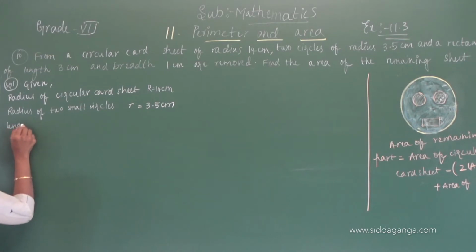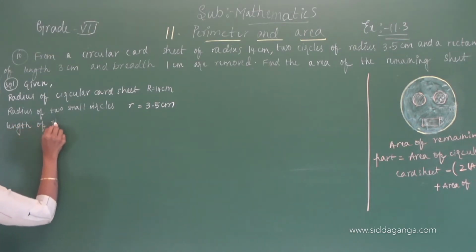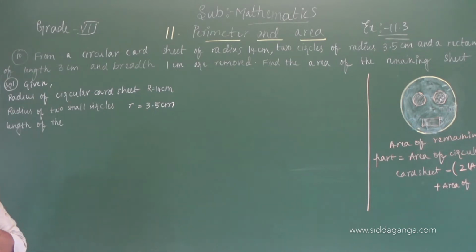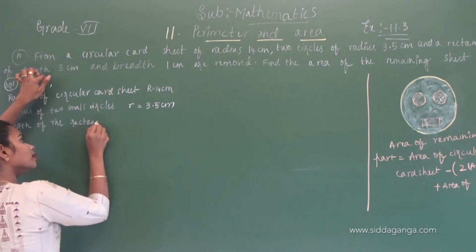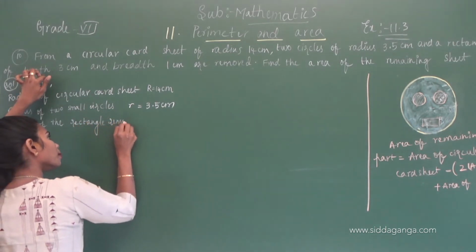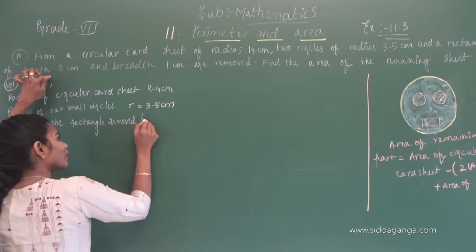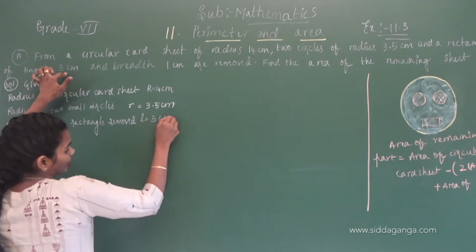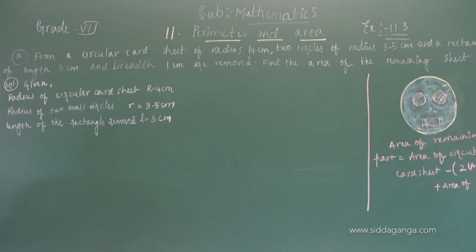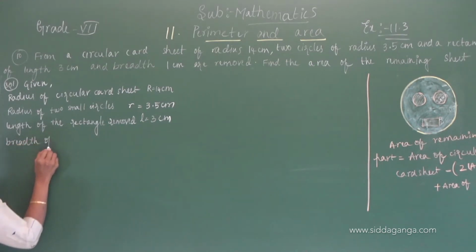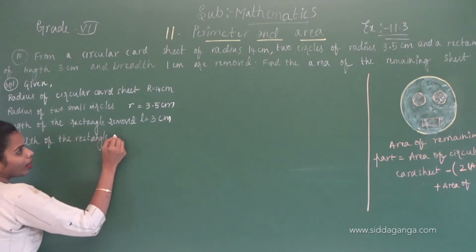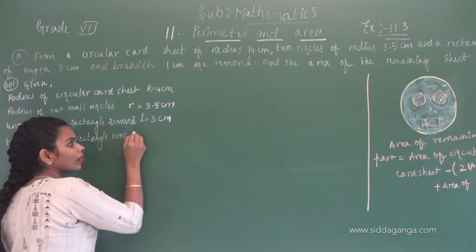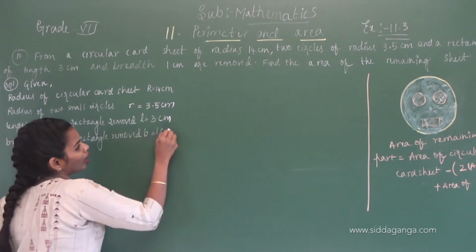Length of the rectangle removed, L equals 3 centimeters, and breadth of the rectangle removed, B equals 1 centimeter.